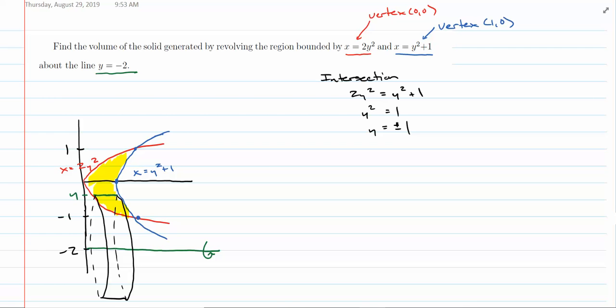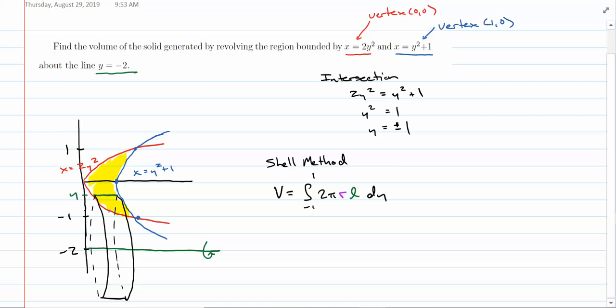Let's go ahead and write down the formula for volume using the shell method. The volume, in this case, is going to be the integral from negative 1 to 1 of 2 pi times the radius of the shell times the length of the shell dy. So it's going to be 2 pi RL.